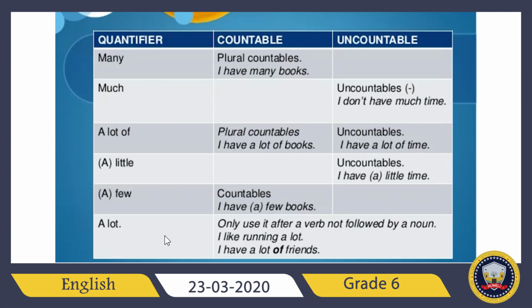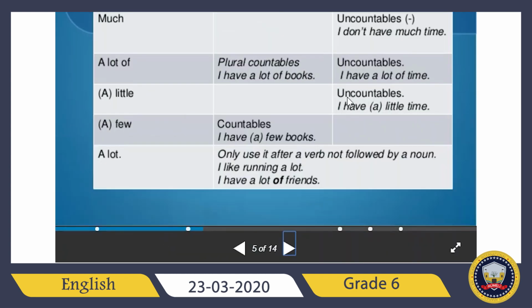And a lot is used, as you see from the instruction, only after a verb, not followed by a noun. For example, I like running a lot. Remember, please remember, you cannot say I like running a lot of. Okay, this is one of the points about using a lot. But if you want to bring a noun after a lot, you must bring of here. I have a lot of friends.